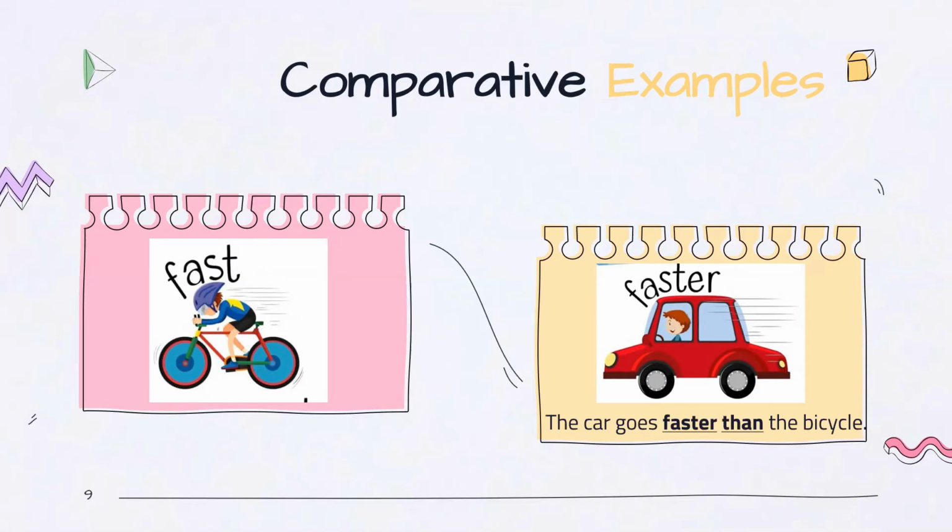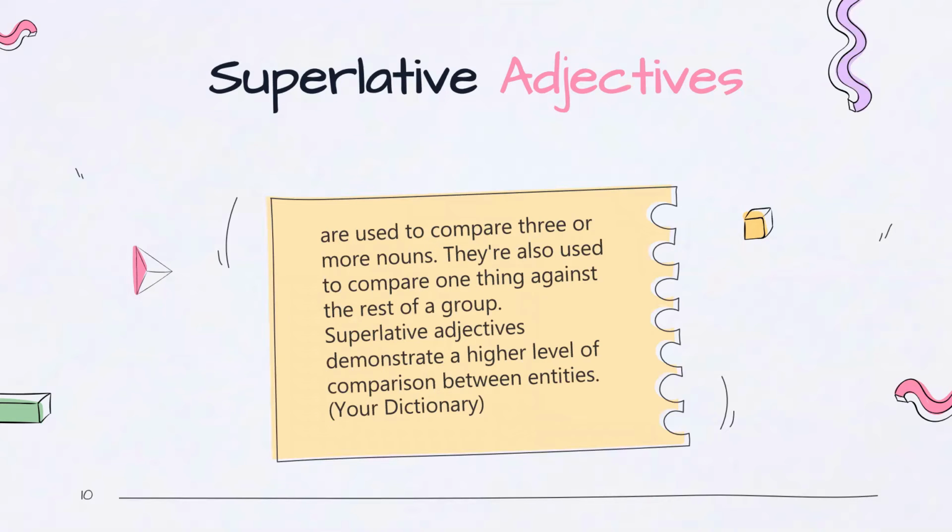Now we are going to go to the superlative adjectives. The superlative adjectives are those used to compare three or more nouns. They are also used to compare one thing against the rest of the group.